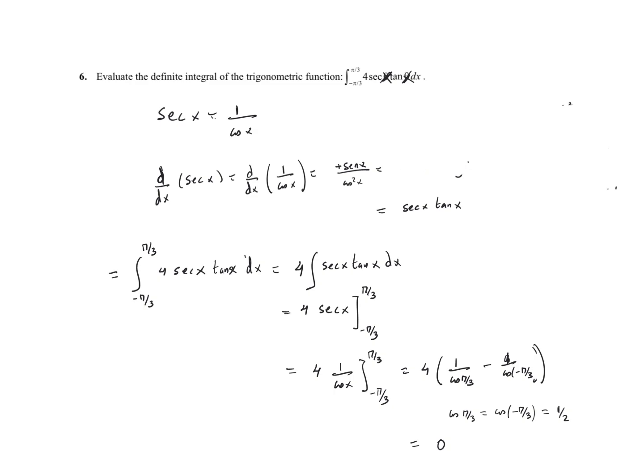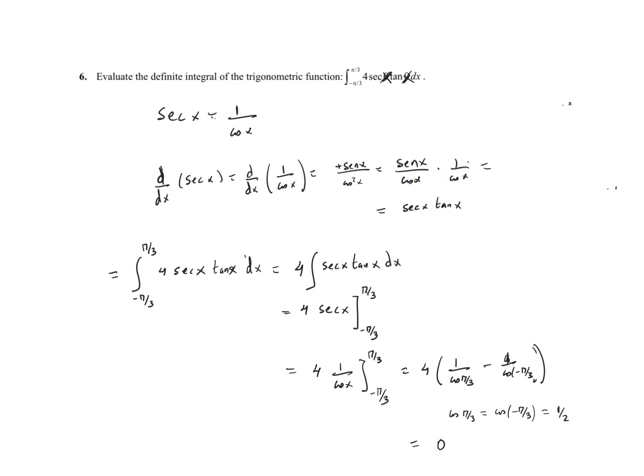It is sine of x divided by cosine square of x, which is equal to sine of x divided by cosine of x multiplied by 1 divided by cosine of x, which is equal to tangent of x multiplied by secant of x. Now, yes, tangent of x is here, secant of x is here.